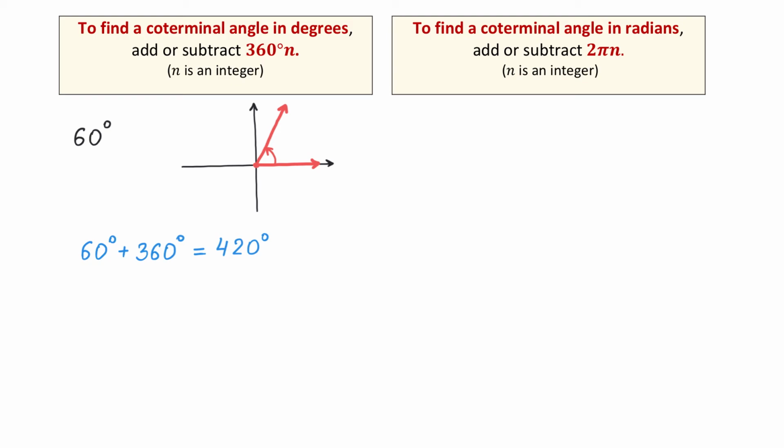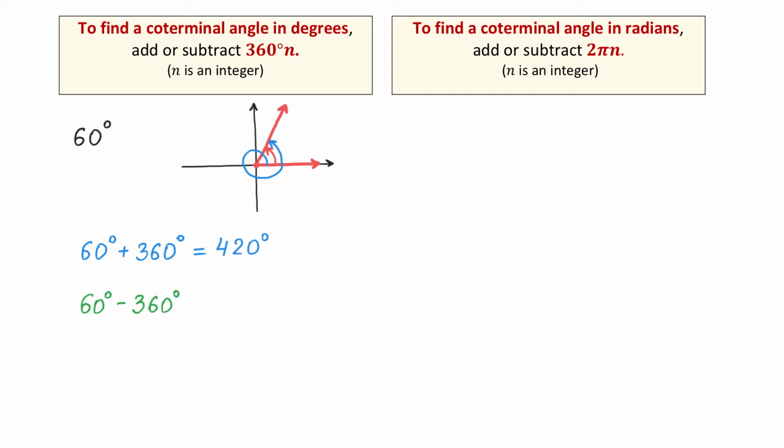To draw this angle in the same rectangular coordinate system, we will start with the same initial side. Then we will move counterclockwise one full rotation plus another 60 degrees. And now to get a negative angle, we can take 60 degrees and subtract 360 as many times as we want.